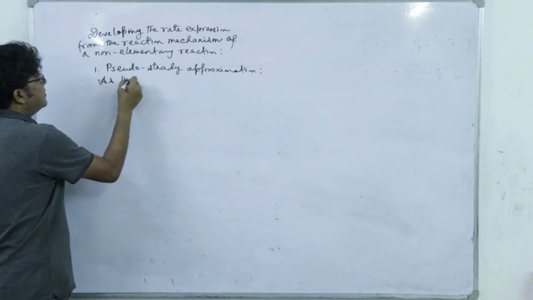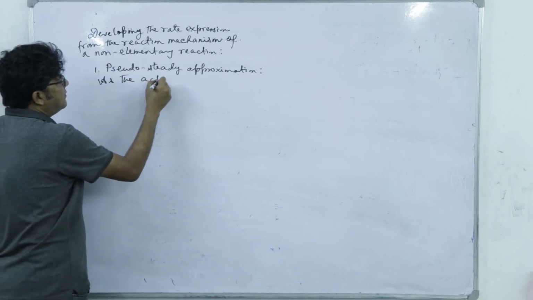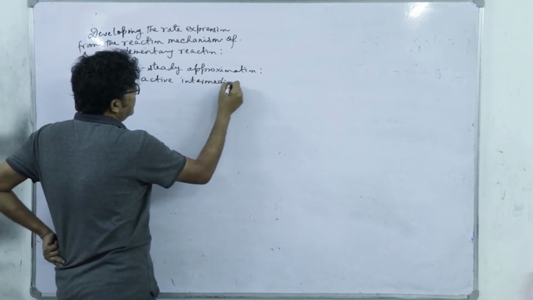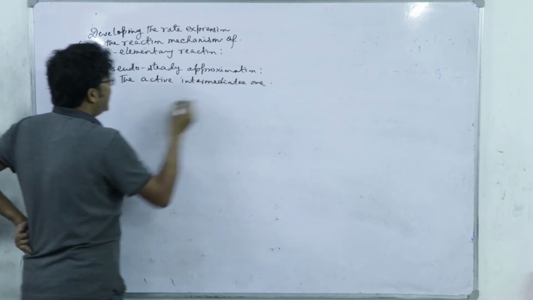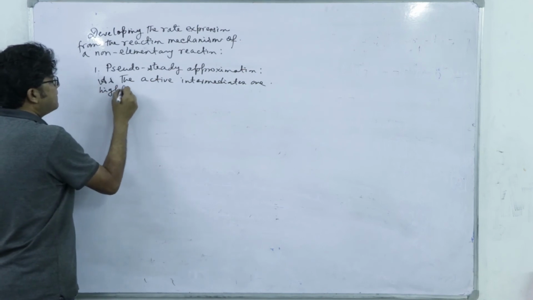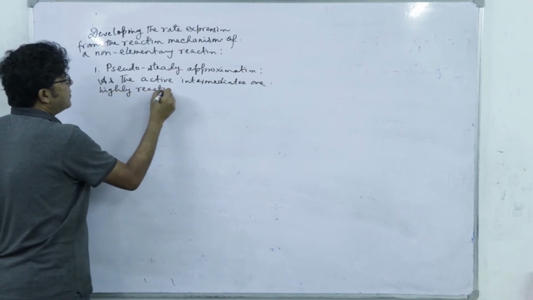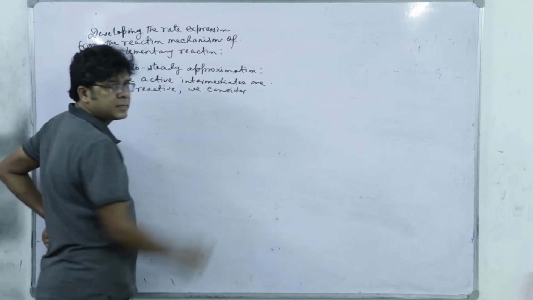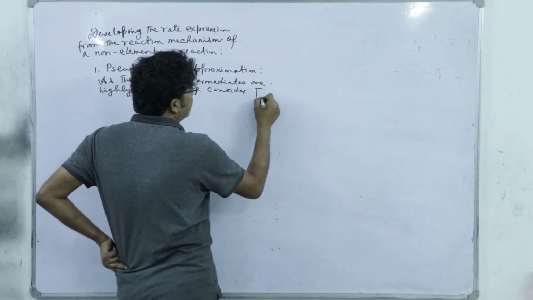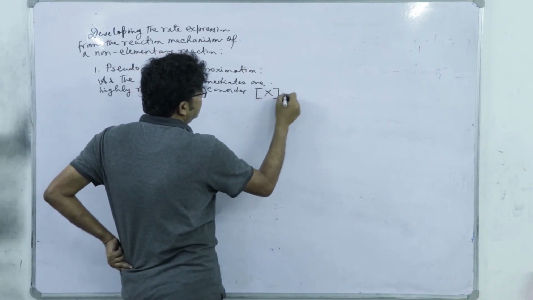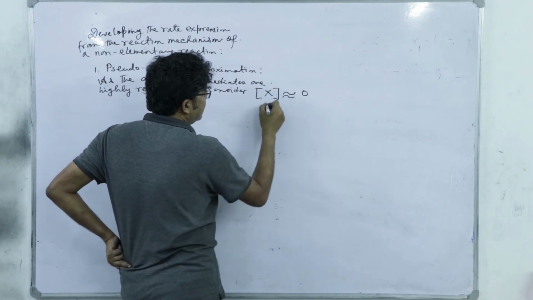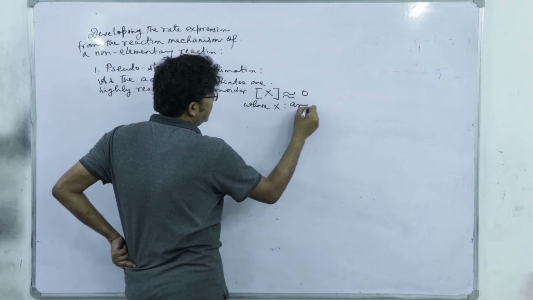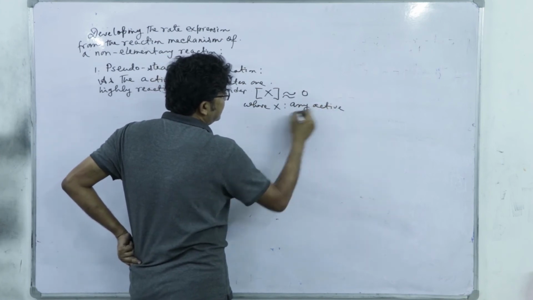As the basic logic is, as the active intermediates are highly reactive, we consider their concentration is close to 0, right, where X is any active intermediate.